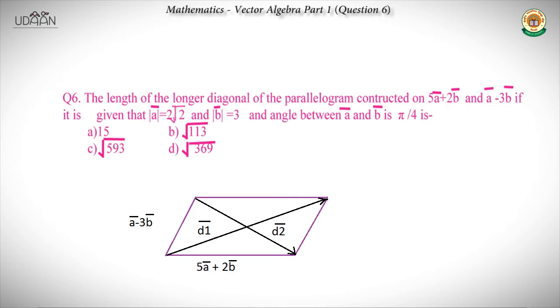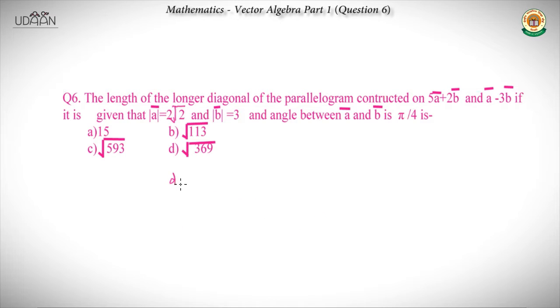In this question, first of all, we will have to find out the diagonals so that we can find which one is the longer. Exactly. So for the diagonals, one of the diagonals is given by the sum of the vectors and the other one is given by the difference of the vectors, as this comes from the parallelogram law of vector addition. So suppose the first diagonal is d1.